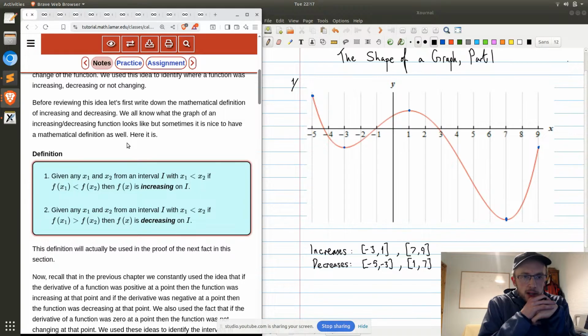Given any x1 and x2 from an interval I, with x1 being less than x2, but it is the case that f of -3 is less than any f of x within that interval, which is strictly greater than it.